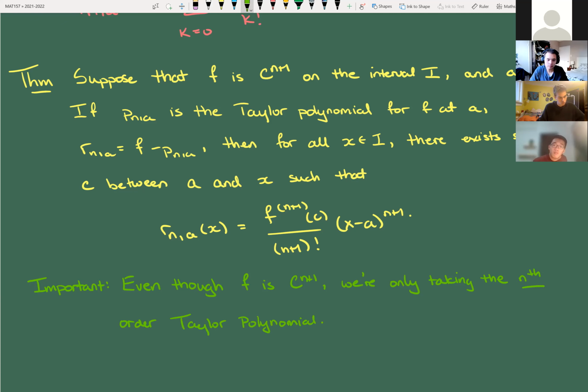So what this theorem is saying is that the Taylor polynomial is a good approximation, by the definition we talked about earlier, if you're C^(n+1).